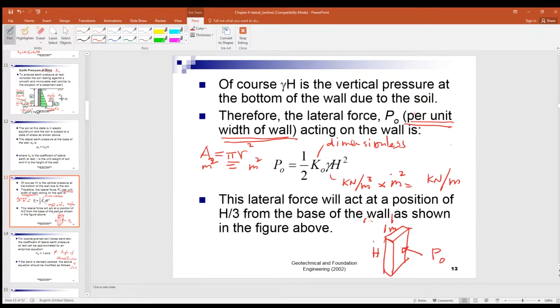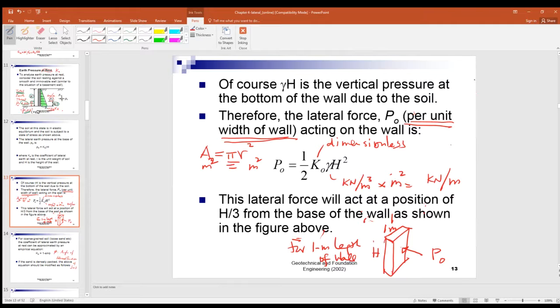So for every meter length, for 1 meter length of wall, P naught gives you the force. How many kN acting per meter length of the wall.